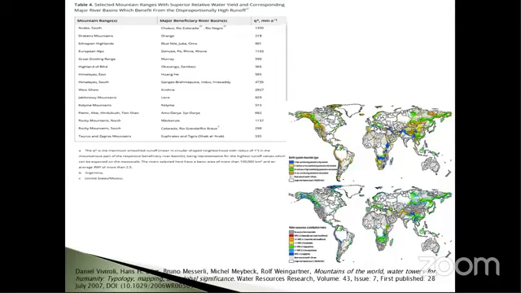As we can see in this map and in the adjacent table, there is a significant difference in the spacing of mountain areas in the world, of course, and also in the water resource contribution connected to those mountains.